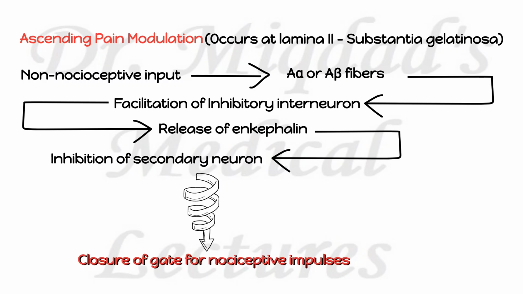We call this the ascending pain suppression system because the non-nociceptive impulses, while ascending upwards, stop the nociceptive transmission.